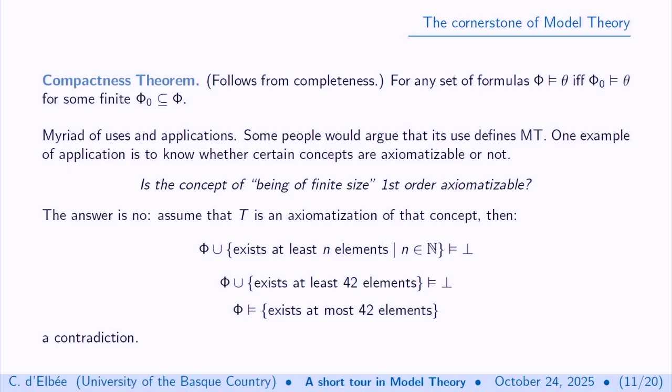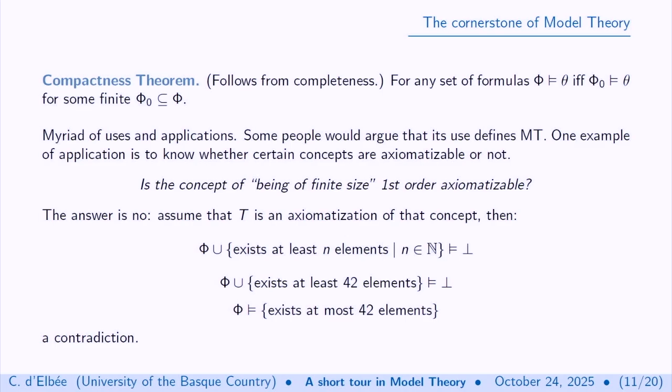So another very important and classical notion in model theory is the compactness theorem. It follows from completeness, actually. It's very easy. It says that if a certain set of axioms proves a certain property, then you only need a finite subset of axioms.